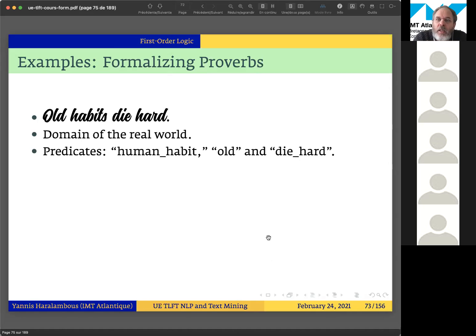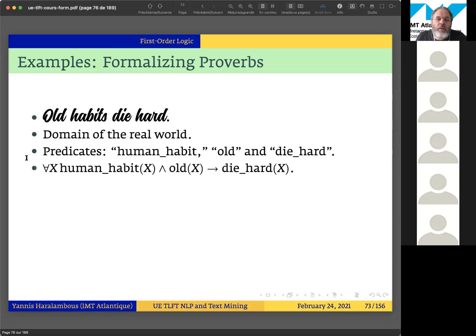Since my domain is the whole real world, I have to specialize to habits and human habits because this proverb is talking about humans. So I need a predicate for something being a human habit, something being an old human habit, and something, the same thing, dying hard. I will not specialize this in dying and dying hard. I take a single predicate for that.